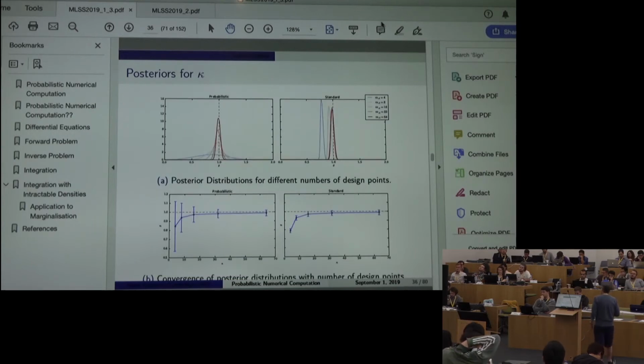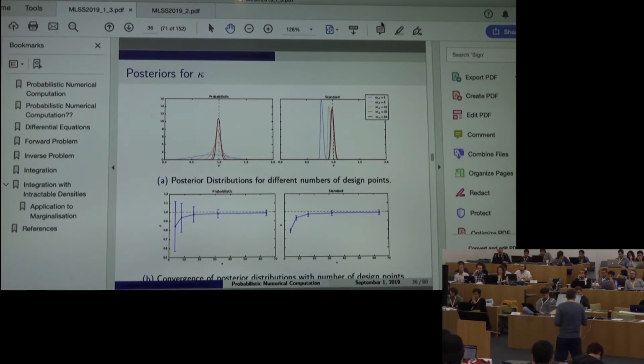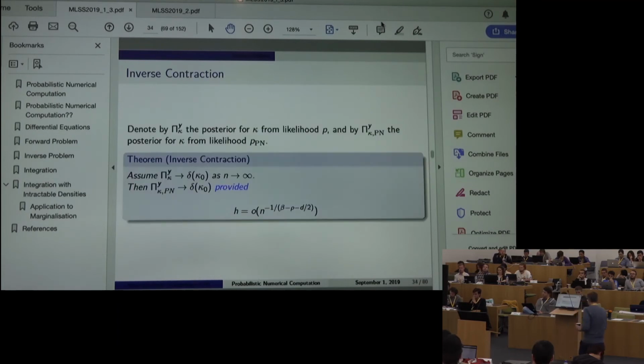And here are what the results look like, and I showed you them yesterday. In the first case, where we don't account for uncertainty in the numerical procedure, as the number of data points increases, we get the theoretical consistency which we would expect.